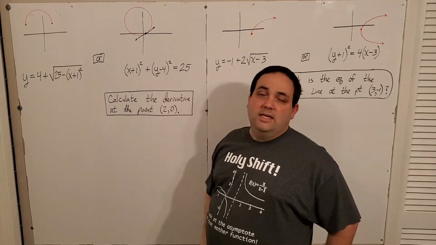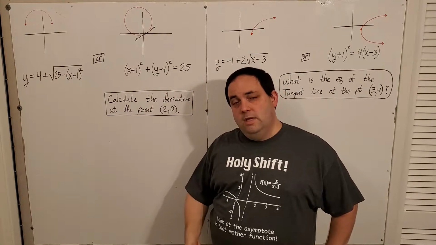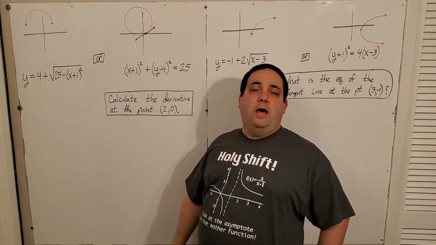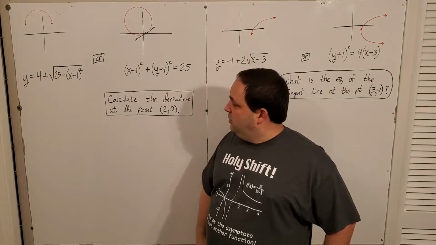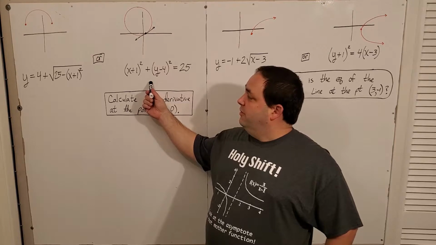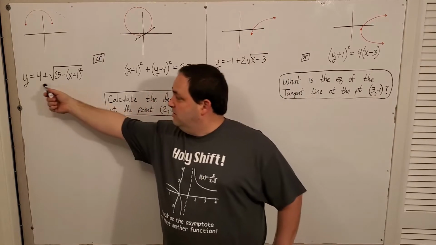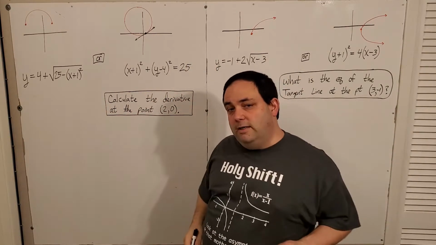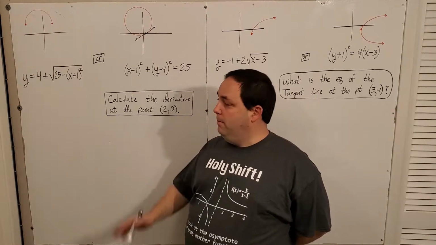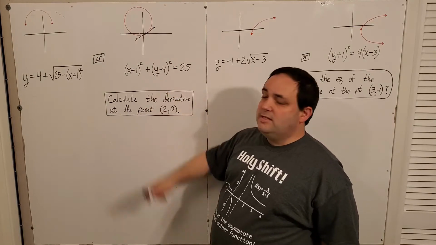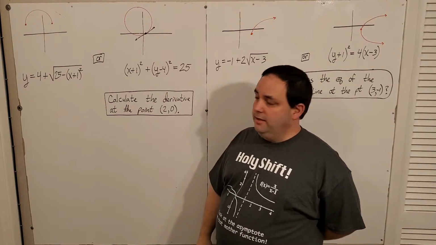However, it is in an implicit format, and we're talking about how to find derivatives in implicit formats. To be honest with you, I would much rather do the derivative in implicit form anyway. This one's looking a little bit messy, right? We can do it, and it's probably good practice for you to try it, but implicit is going to be very, very nice here.